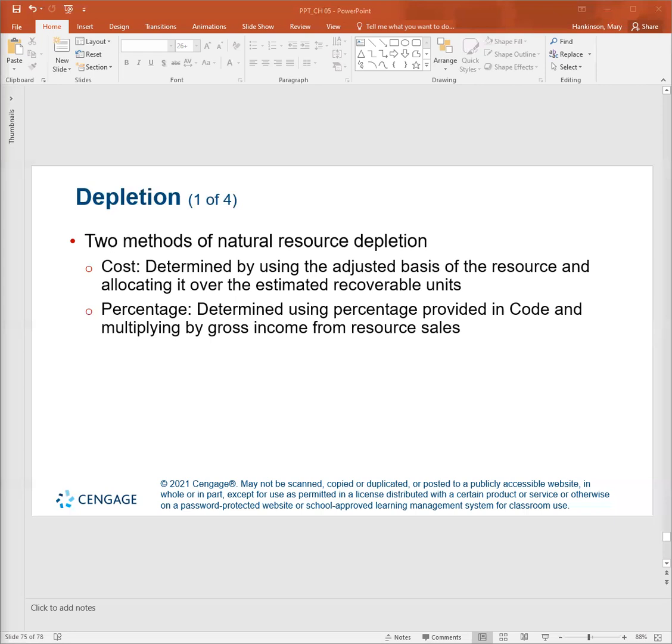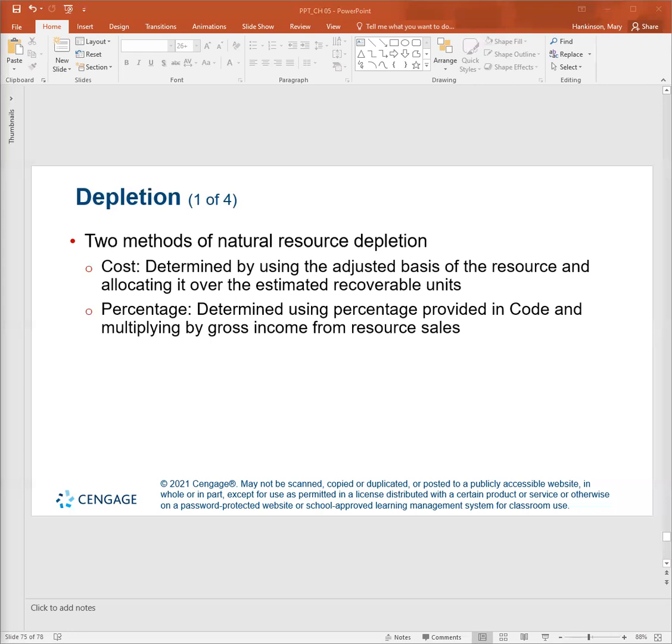Coal is another example that's usually most common. It has a 10% depletion, so you would multiply the gross income from the sales of that natural resource by 10%.